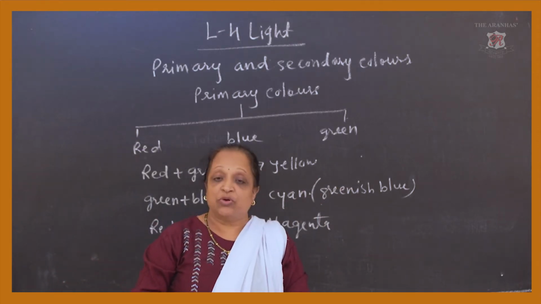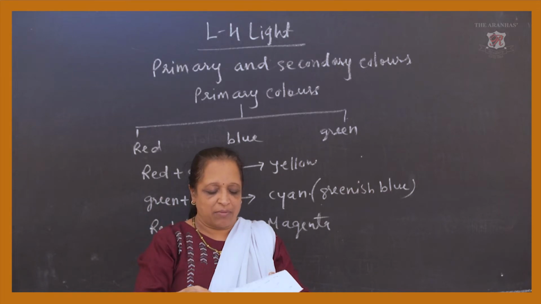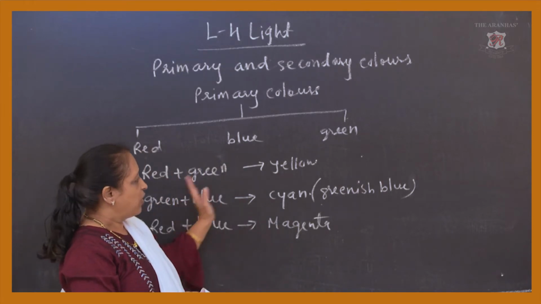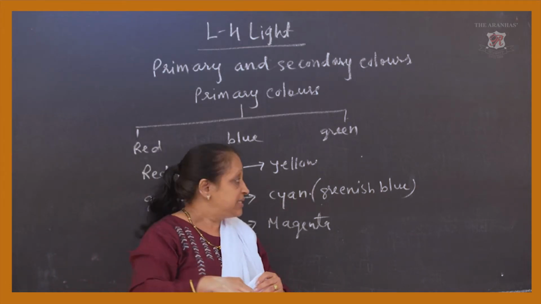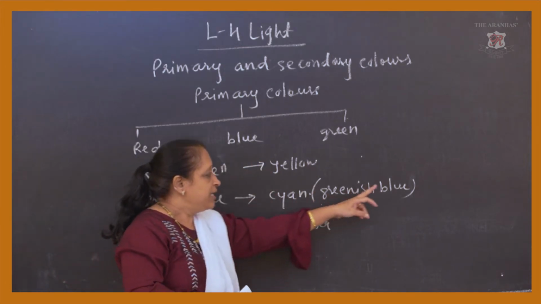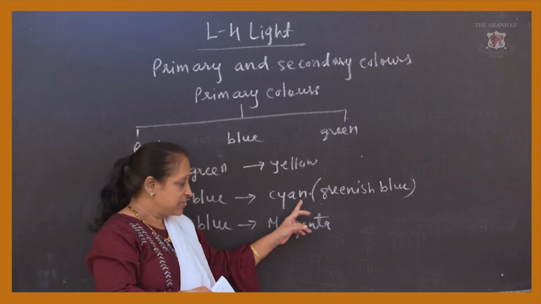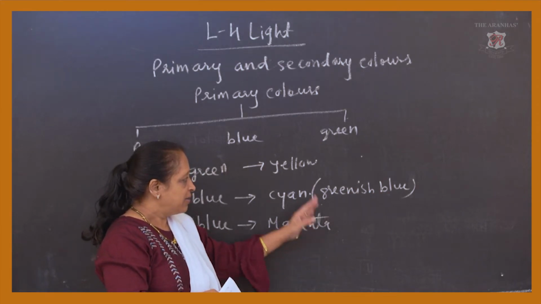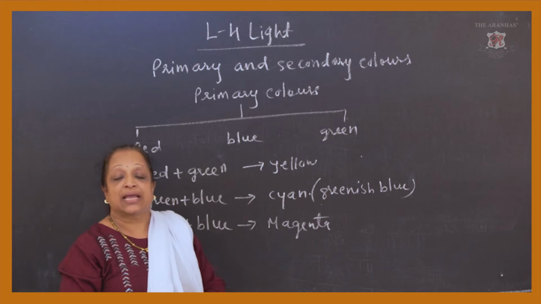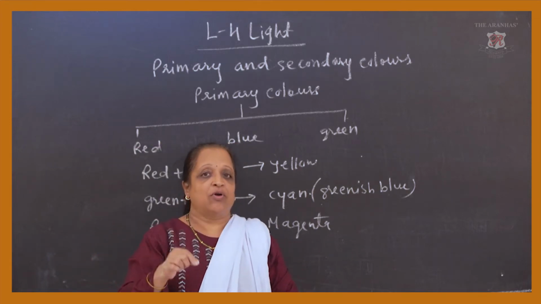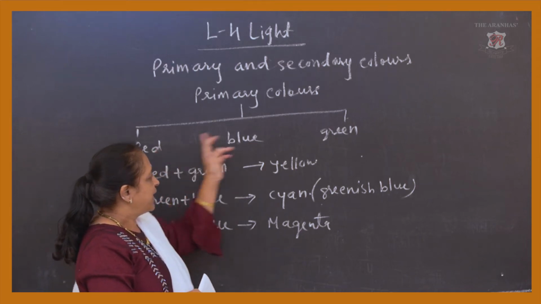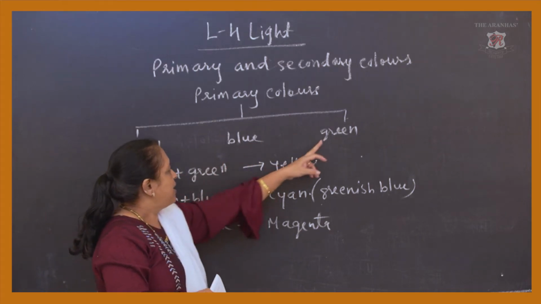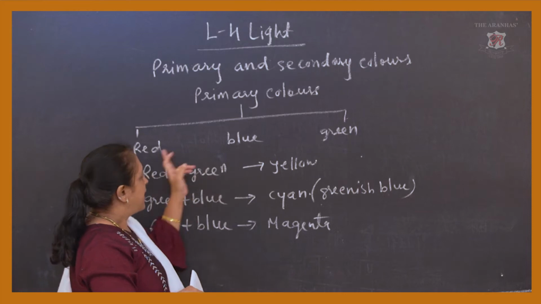Now in your textbook you are having just a diagram of the same what we have seen just now, and then the effect of this, that is yellow or the greenish blue which has the technical term cyan, and the magenta color, these are called the secondary colors because we have got the effect of the combination of red and green, then green and blue and red and blue.